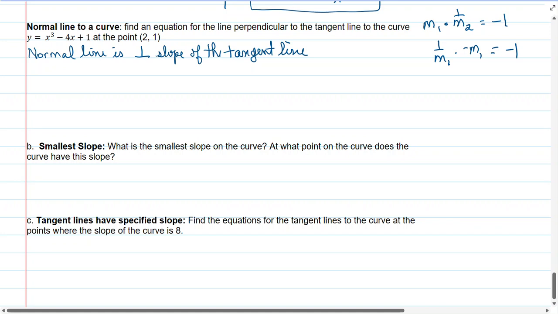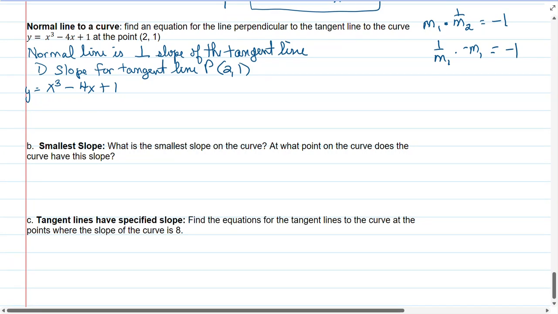Okay, here we go. So I first have to get slope for tangent line, the point 2, 1. All right. So I have y equals x to the third, negative 4x plus 1.